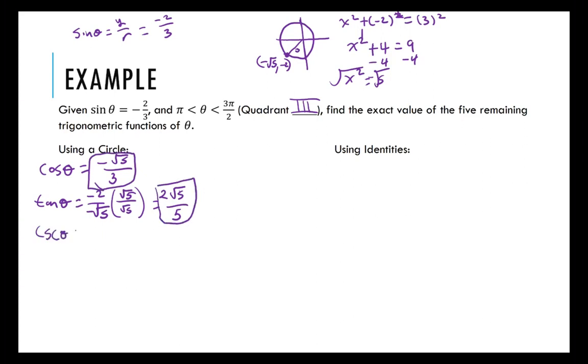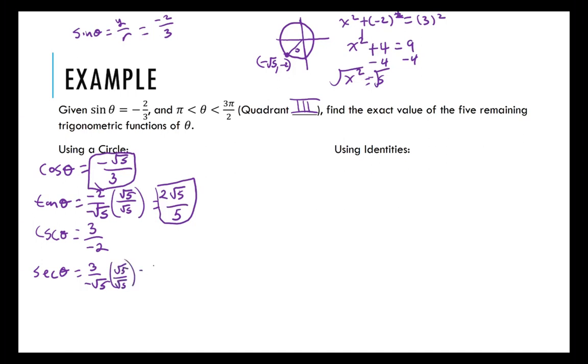Cosecant of theta, well, of course, if we were using the identities at this moment, we could do the reciprocal, but in the spirit of using the circle, that's going to be r over y, or 3 over negative 2. Secant of theta is r over x, or 3 over negative root 5. Then to rationalize, multiply by root 5 over root 5.